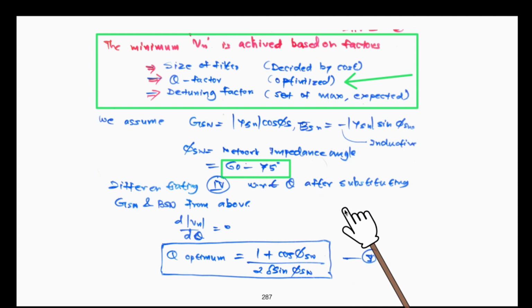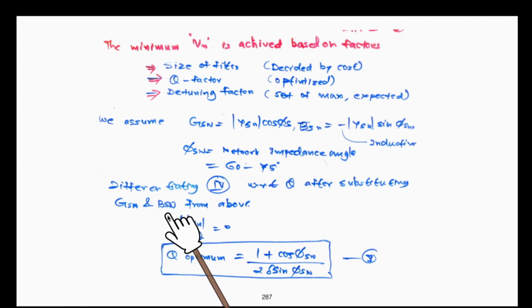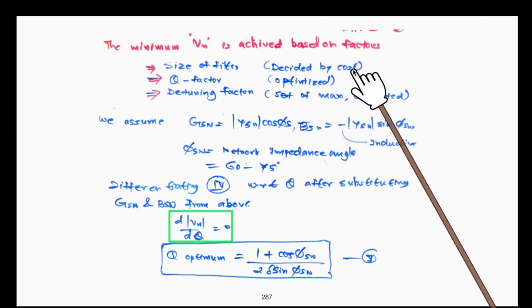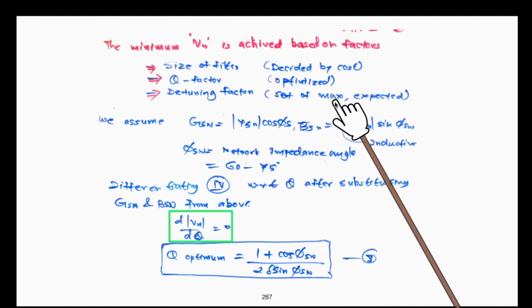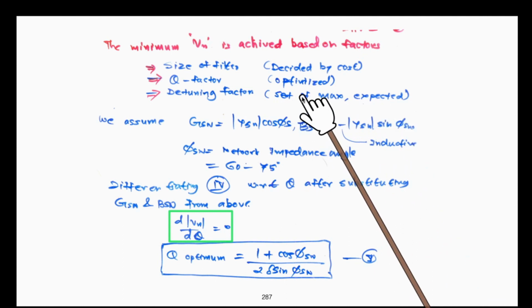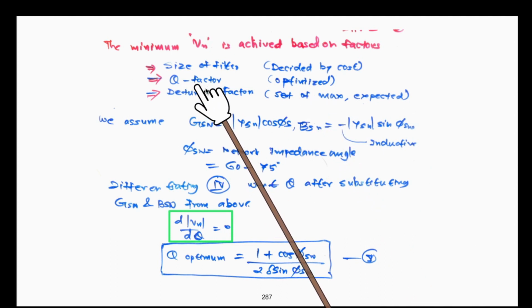On substitution and simplification, we take the derivative of Vn from the equation that we have seen in the earlier slide with respect to Q factor, because we have specified that the other two parameters are fixed by the cost, and detuning is assumed to be some certain maximum value that can be expected based on experience of aging and variation in the frequency.